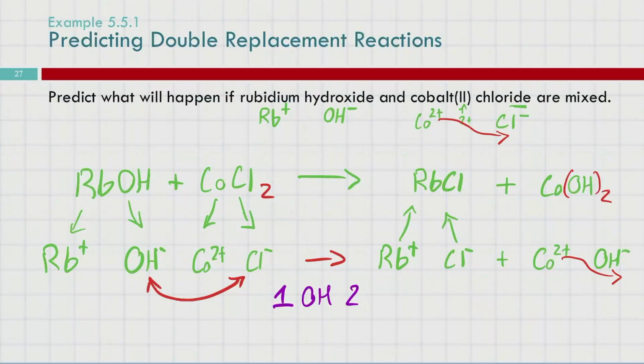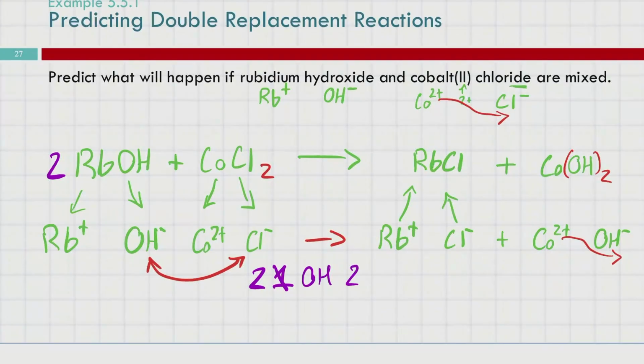So 1 and 2, and we will need to add a coefficient of 2 in front of the rubidium hydroxide to make sure that our hydroxides are balanced out. When we change that coefficient of 2, it's not just the hydroxide that changes, the rubidium also changes. So we'll balance that one next.